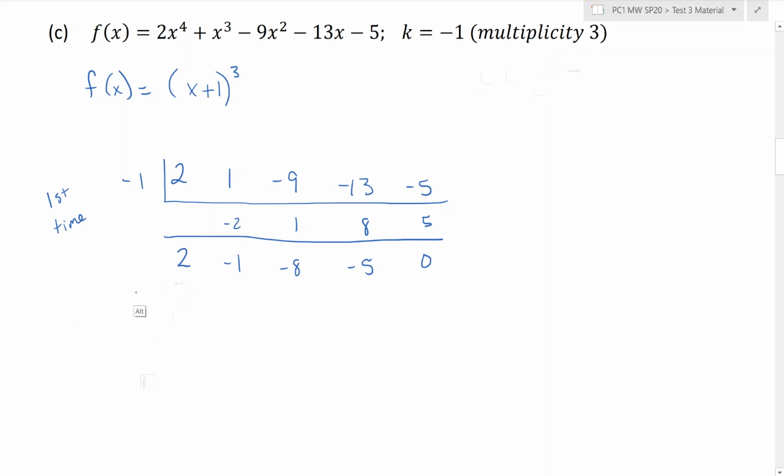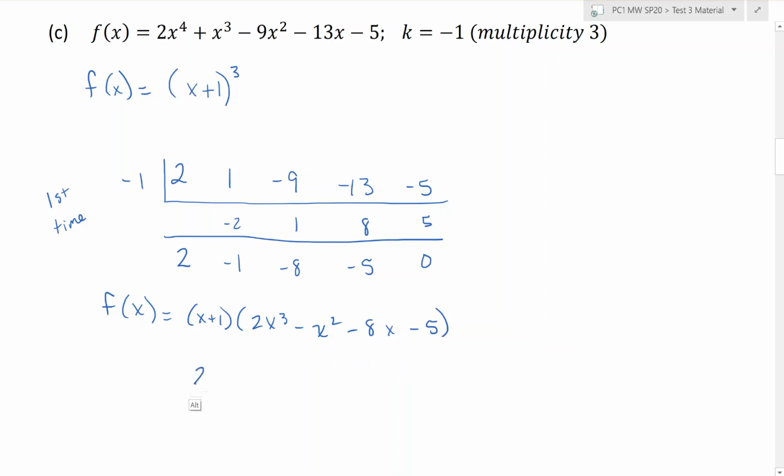So in other words, we have this now broken down into f of x equals x plus 1 times 2x cubed minus x squared minus 8x minus 5. And I'm going to try and divide this. We can use the negative 1 in our synthetic division table.